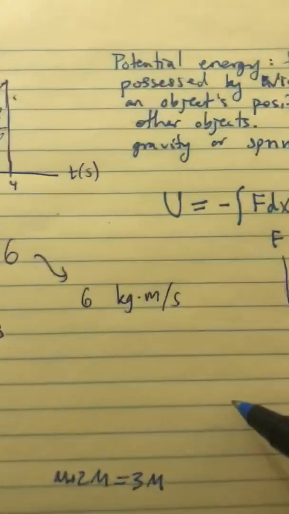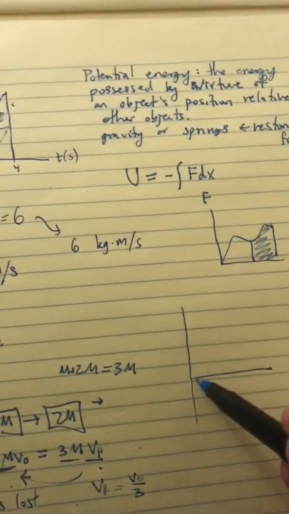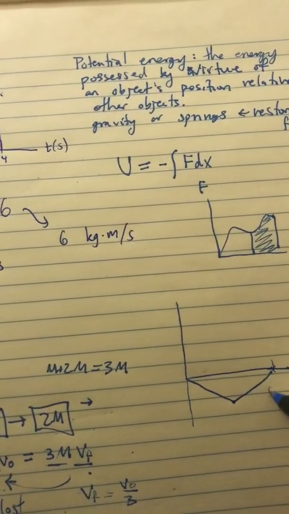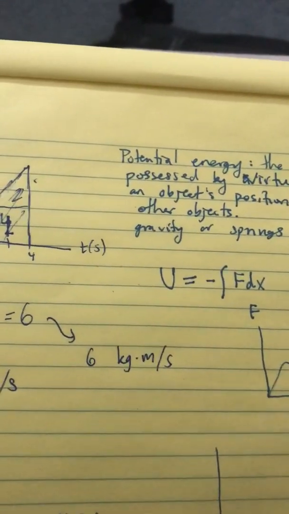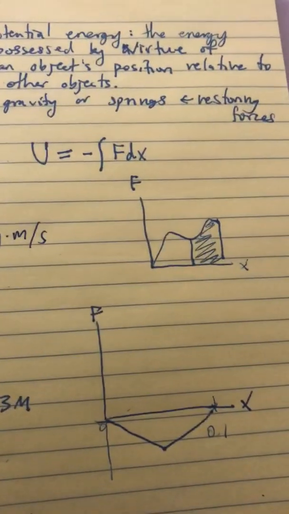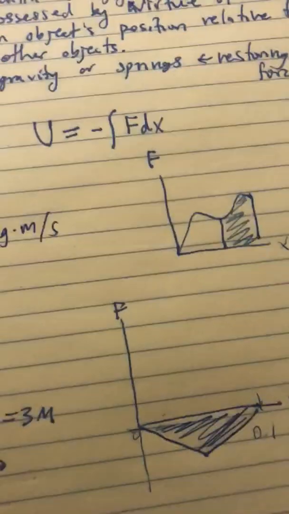I think it looks just like this, yeah, just like that. And this is 0.1, 0.1, and that's 0, of course. And they're asking us to find the potential energy, and this is force, and this is x. So all we have to do is look at this and find the area of the curve. That's all we have to do.